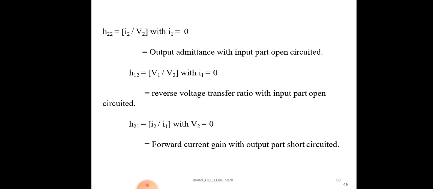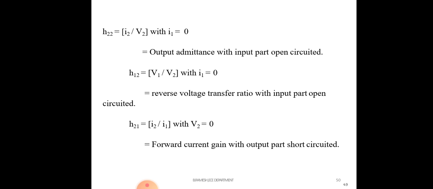Generally voltage gain is V2 by V1, output voltage by input voltage, but here h12 is equal to V1 by V2. We call this parameter the reverse voltage transfer ratio with the input port open circuited. Then similarly h21 is the forward current gain, I2 by I1, when V2 is equal to 0.